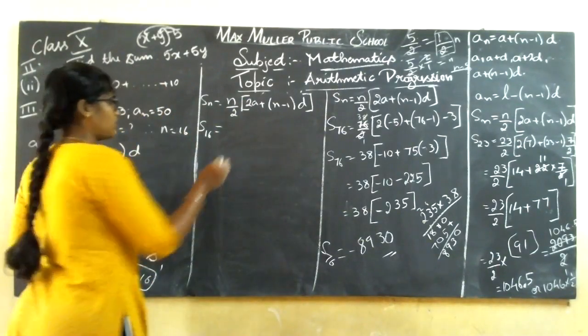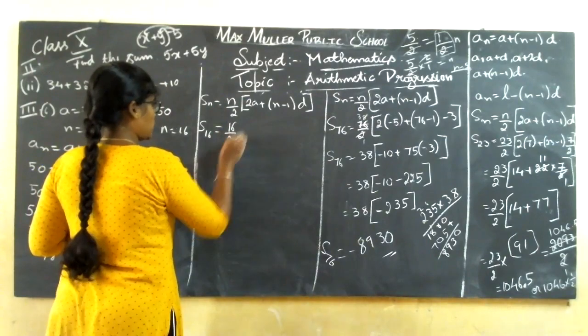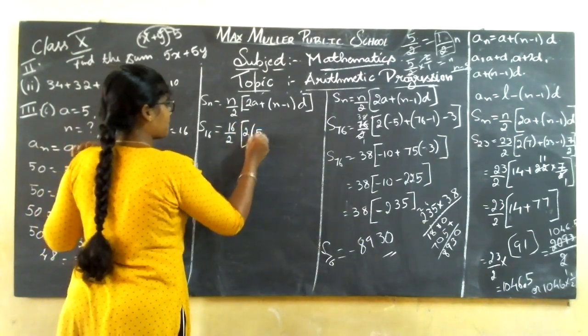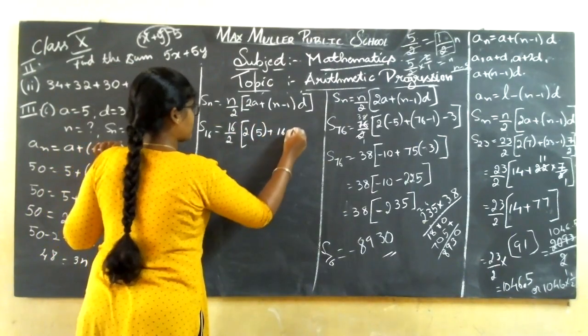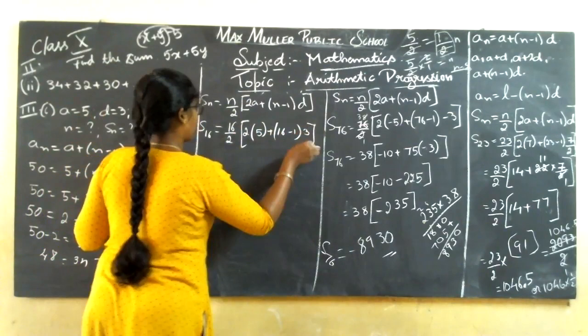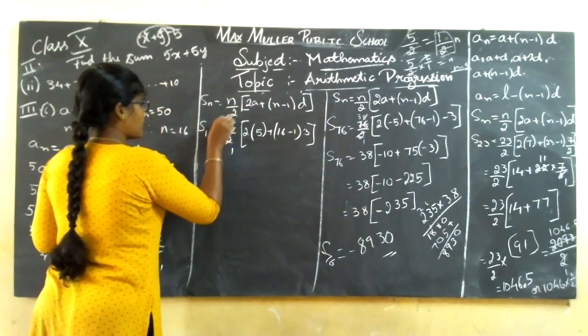16 divided by 2 into what is the value of a? 5 plus 16 minus 1. What is the value of d? 3. 2 ones are 2, 8 is 16.